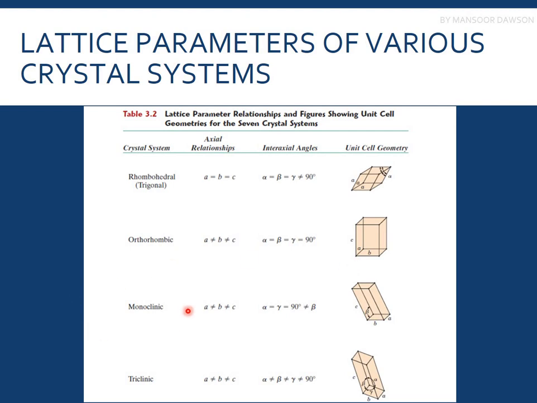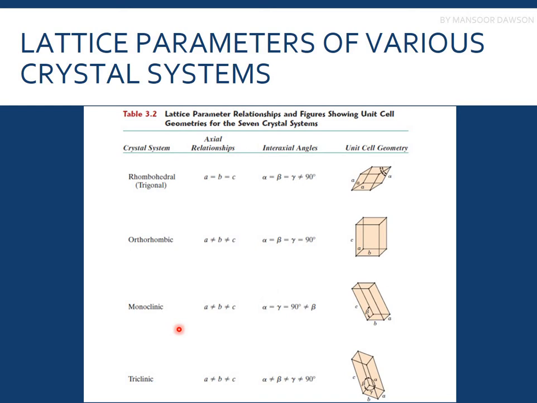Then we have the monoclinic crystal system, in which again all the sides are not equal to each other, that is, the length, breadth, and height are not equal, but the angles alpha and gamma are equal to 90 degrees, and the beta angle is not equal to 90 degrees.